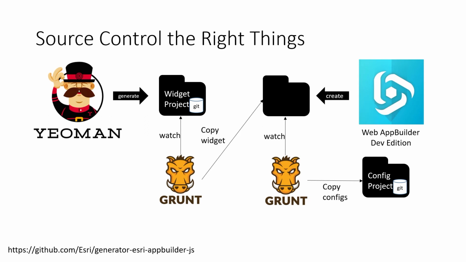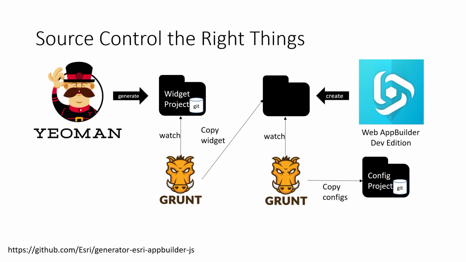So we have the Web App Builder. We can build the Web App Builder, and we're separating our code from the Web App Builder code itself to help us be able to modify the Web App Builder Dev Edition version easily.